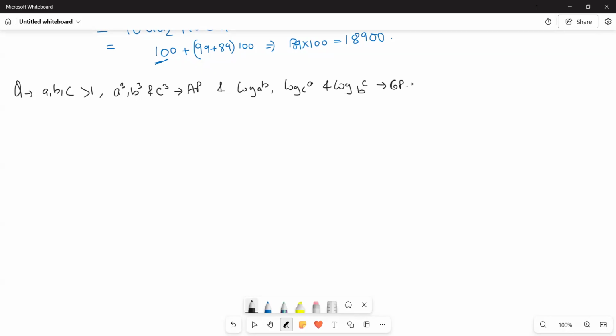Okay. A, B, C are three numbers greater than 1 such that A cube, B cube, and C cube are in AP. Log of B to the base A, log of A to the base C, log of C to the base B are in GP.